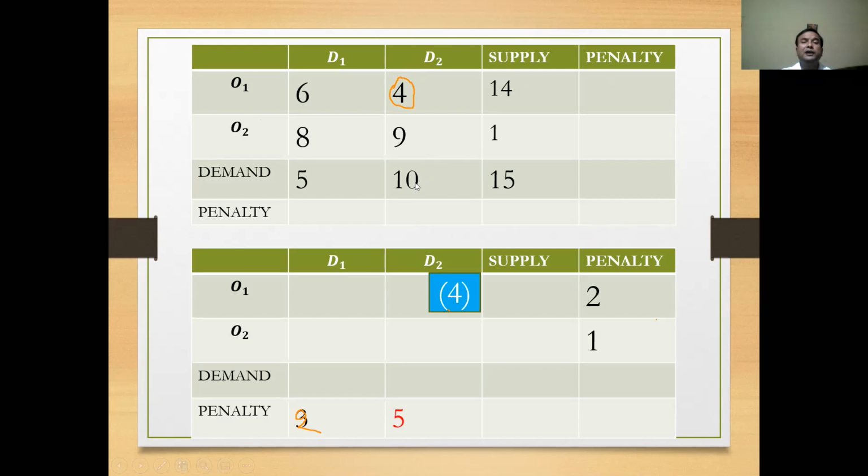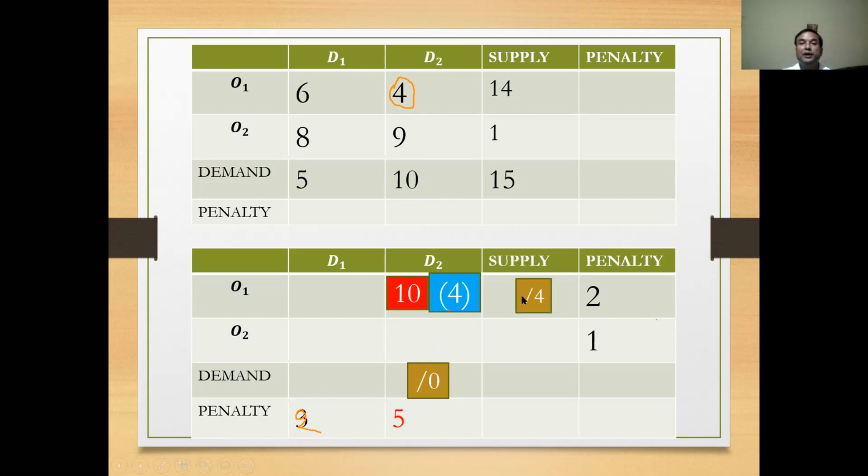So a maximum of 10 items can be given to this cell. So we give 10 items. Since all 10 requirements have been given to this cell, the demand of this part will be 0. And out of 14 items, 10 have been given to this cell, therefore 4 items will still be available in this origin.